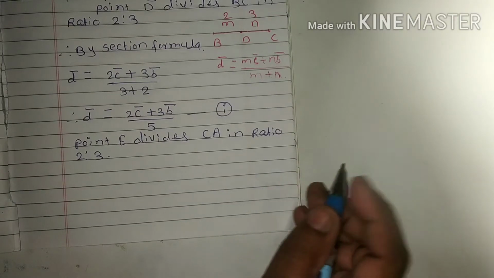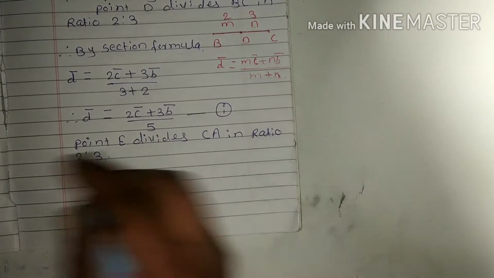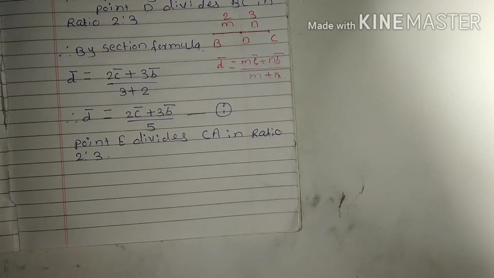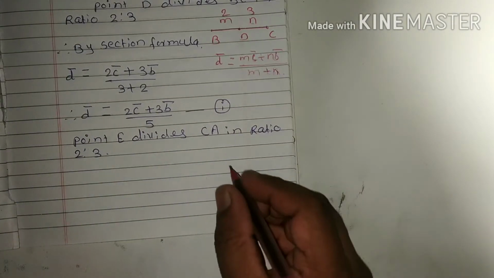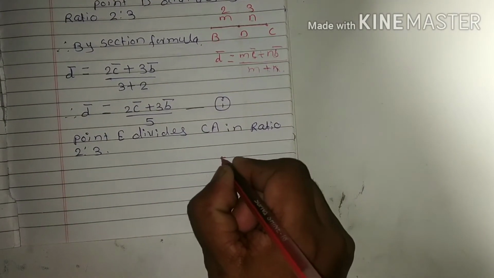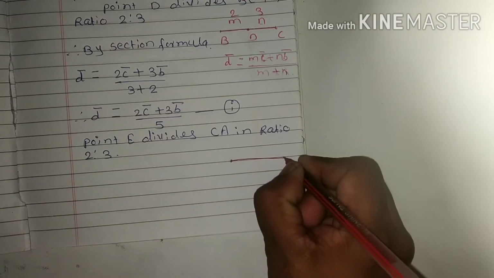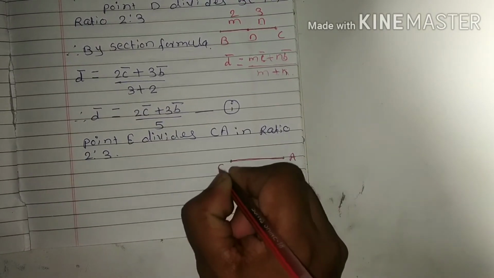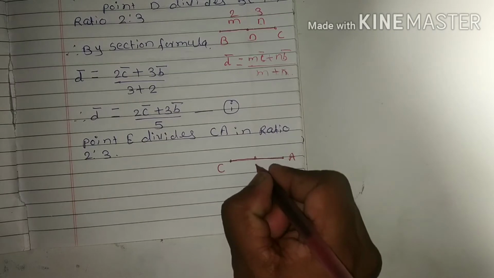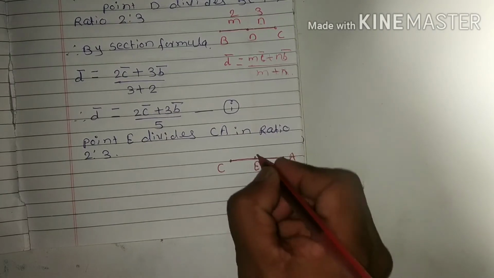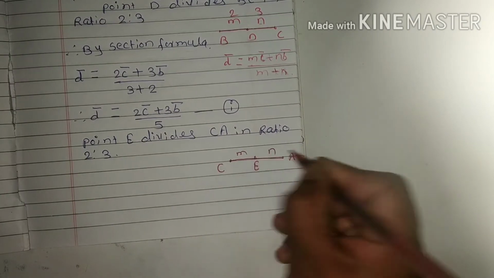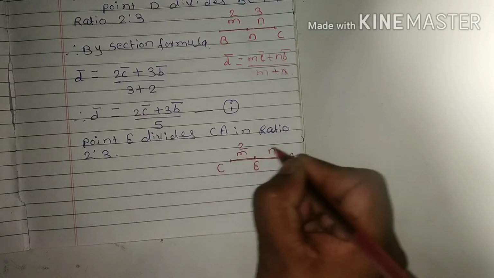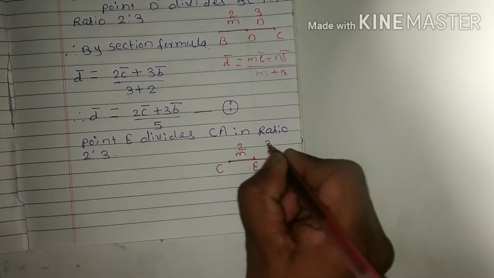Then the same way, we draw the line segment, suppose from point C to point A, CA. It is divided at the point E in the ratio m:n, whose value is 2:3.